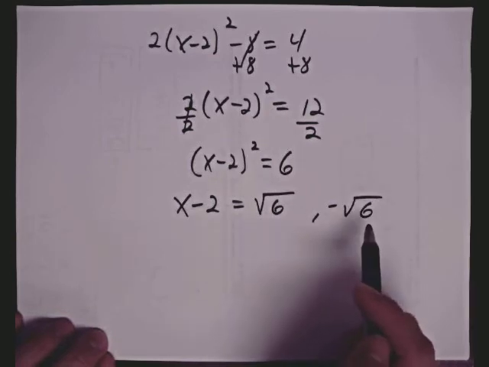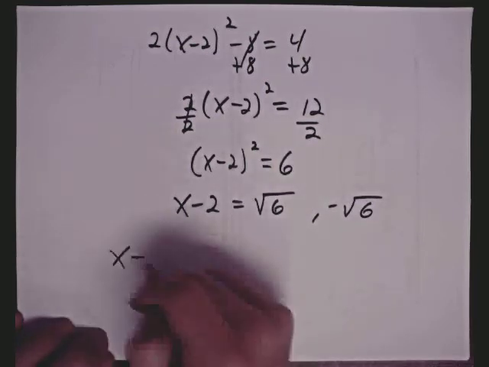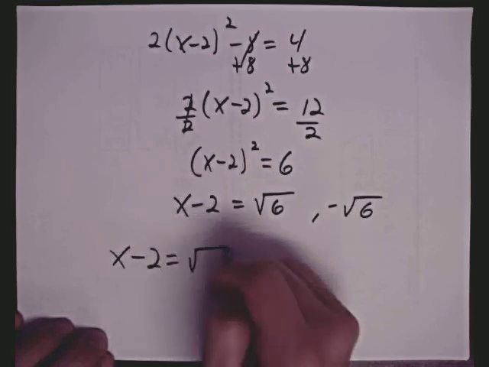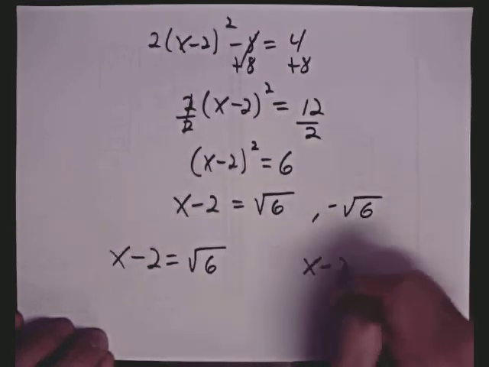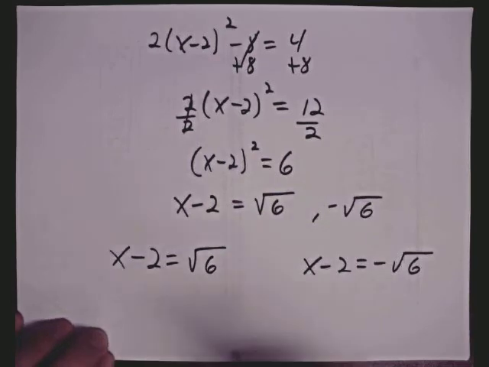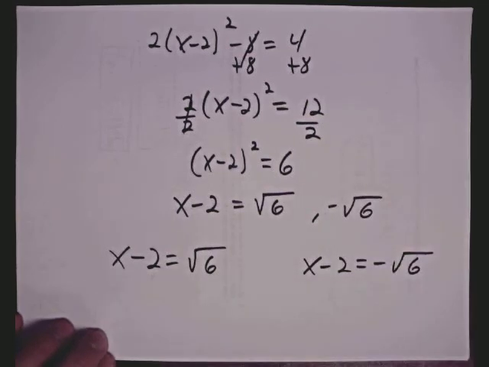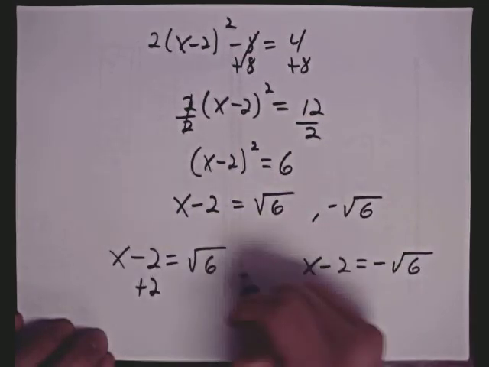To finish the problem, I'd suggest splitting this up into two problems. Say x minus 2 equals the square root of 6, and x minus 2 equals negative square root of 6. Also notice this negative is not under the square root, it's out front, so there should be no i with that. To finish this, we're going to add 2.